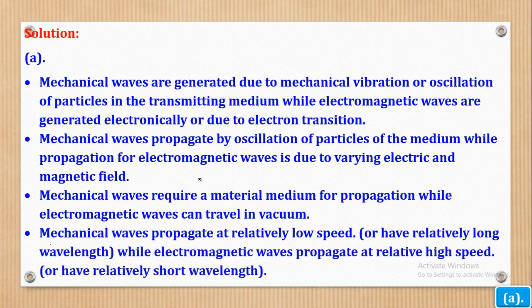And lastly, mechanical waves propagate at relatively low speed or have a relatively long wavelength. You can either talk about speed or wavelength, while electromagnetic waves propagate at relatively high speed or relatively short wavelength. So any of the two is okay. And that is how marks would be awarded.